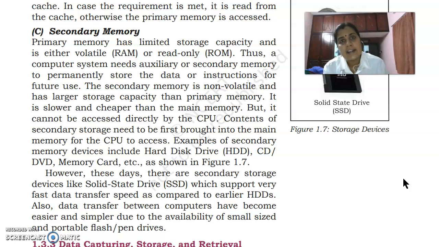The secondary memory is non-volatile, which means it can store data permanently, and the size of secondary memory is higher compared to primary memory and cache memory, because we store data in the computer's C and D drives, which are examples of secondary memory.